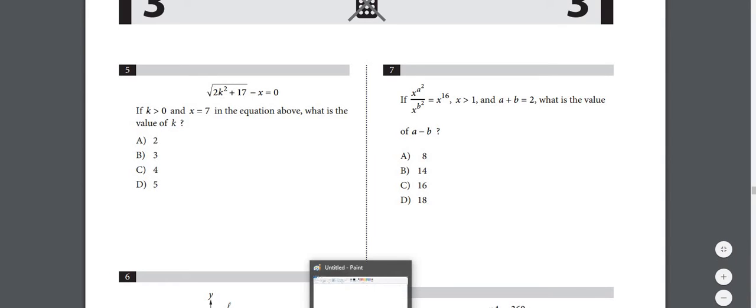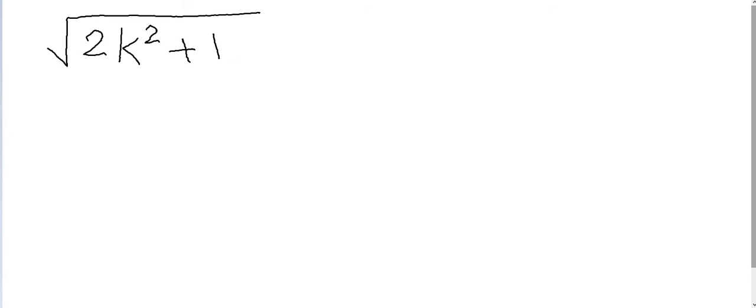Alright, so let's go to the answer. So square root of 2k square plus 17 minus x is equal to 0.